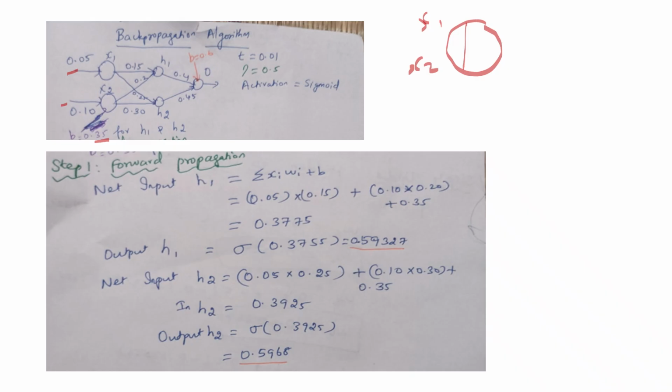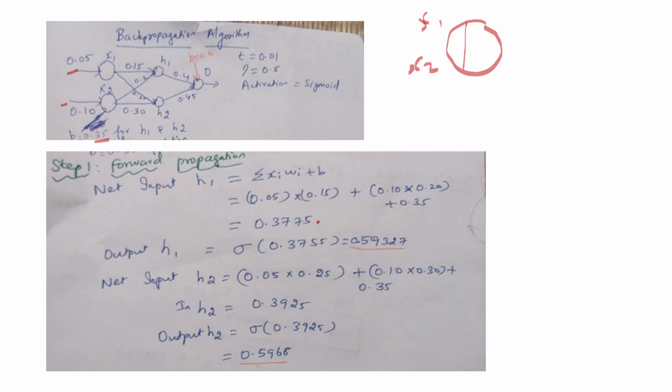So 0.05 is multiplied with the corresponding weight 0.15, plus the x2 value, 0.10, multiplied with the corresponding weight 0.20, and bias is added. The bias value is 0.35. So we will get the input 0.3775. So this is the input for the hidden layer.